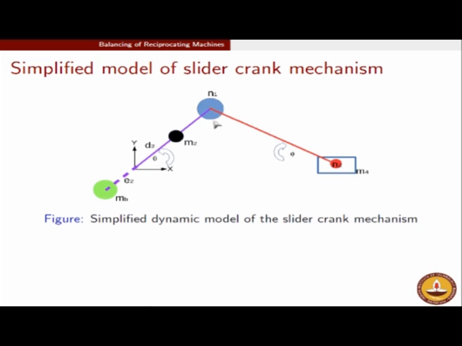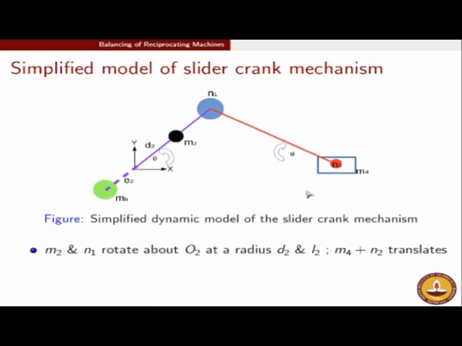The lumped mass associated with the big end of the connecting rod is shown here. The lumped mass associated with the small end of the simplified connecting rod is shown here in red. So the way this simplified model now helps us is in the following. Remember the main issue was that we were unable to visualize the inertia forces and inertia torques arising due to the connecting rod motion.